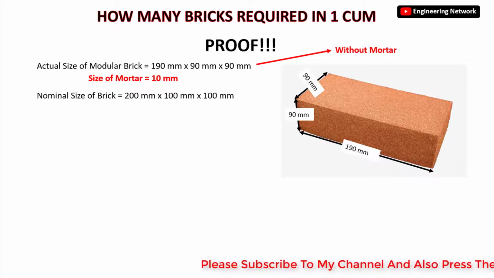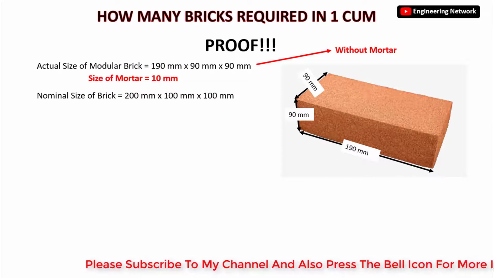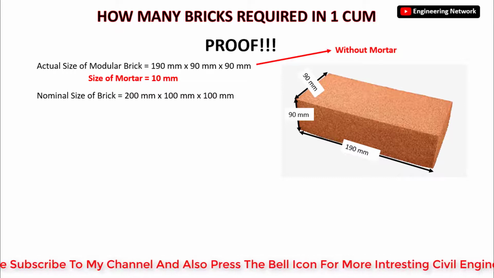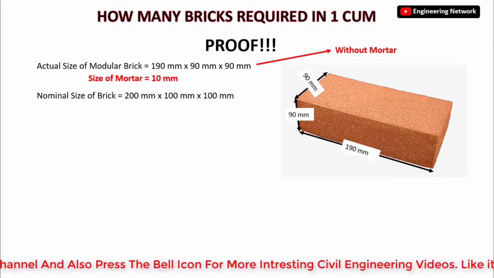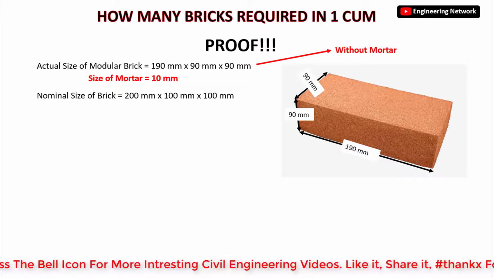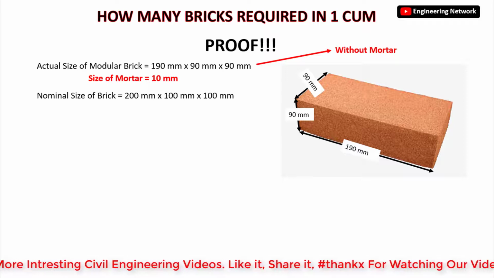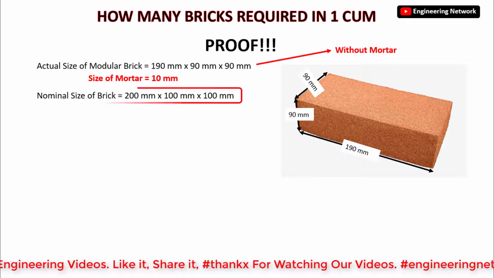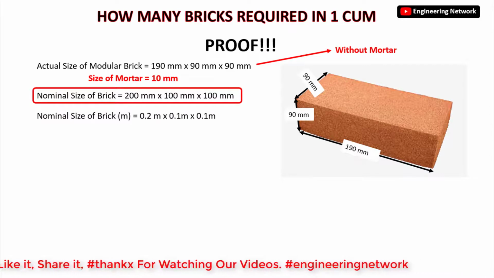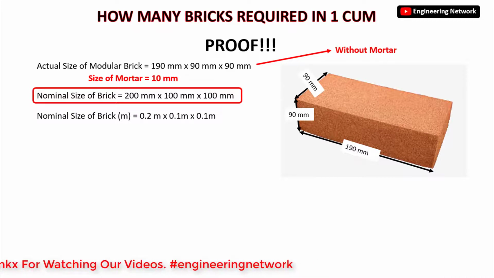Here I will calculate the number of bricks using its nominal size. First let me convert the nominal size of the brick into meters. The nominal size of the brick in meters is 0.2 meter by 0.1 meter by 0.1 meter.